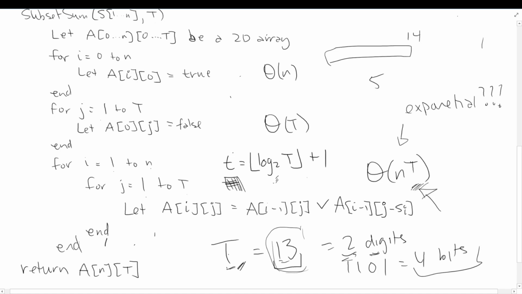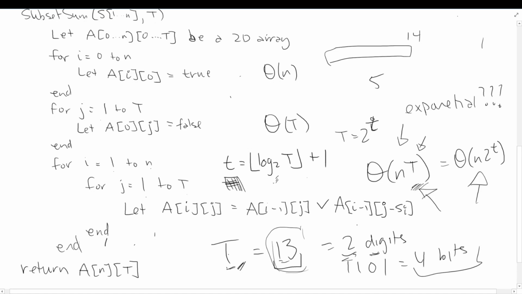And, you know, with waving my hand at some plus and minus ones or some constants here, we could roughly say that t is 2 to the t, not 2 to the i. So this here is theta of n times 2 to the t.